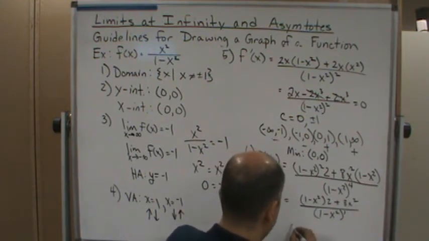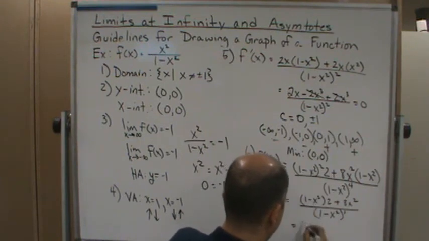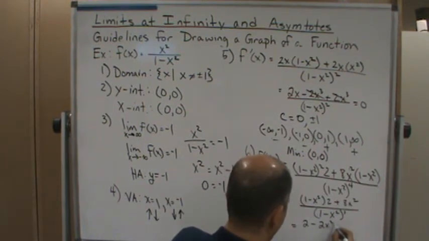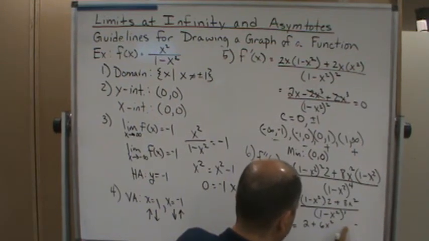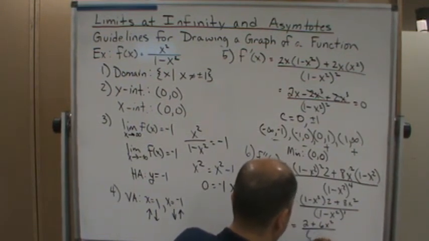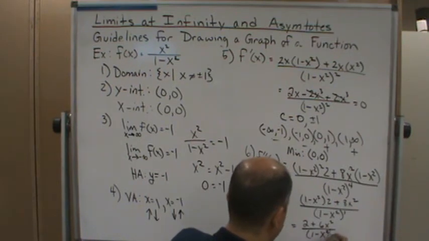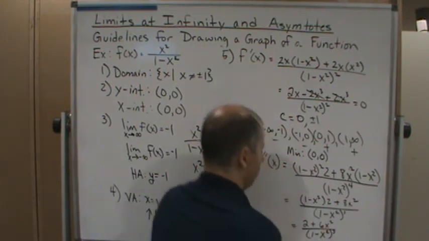And so when I distribute, I'm going to get 2 minus 2x squared plus 8x squared, which is going to give me 6x squared. So this is going to give me plus 6x squared over 1 minus x squared quantity cubed.